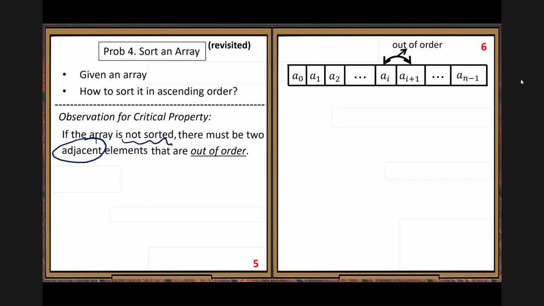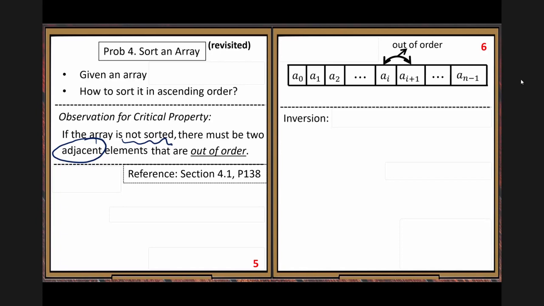Okay? All right. So here I give you the reference in the textbook, section 4.1. Now, in order to discuss that out of order, in order phenomenon, that property, we introduce a new concept called the inversion concept. What's that inversion?